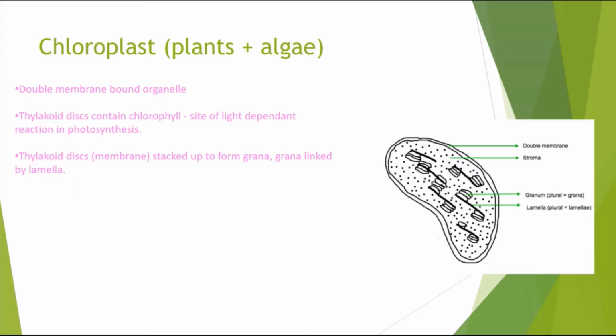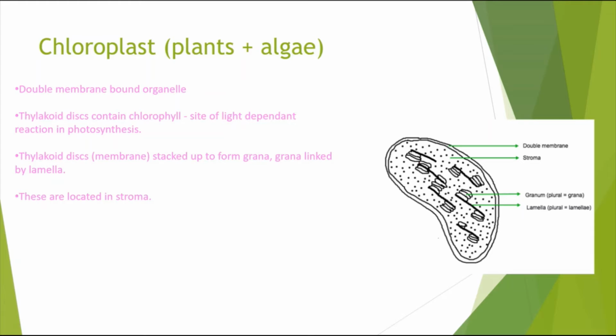And the thylakoid discs are stacked up to form grana. For example, in this case, these are stacked up and this forms a granum, and grana can be linked by lamellae. So this is a lamella, and grana can be linked by it.